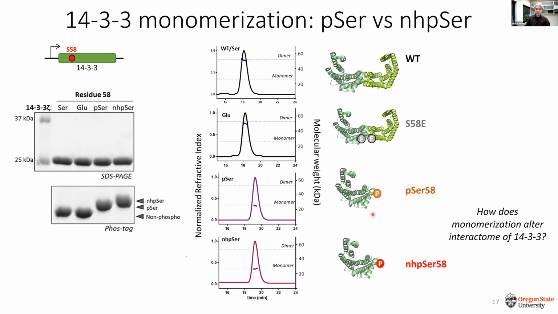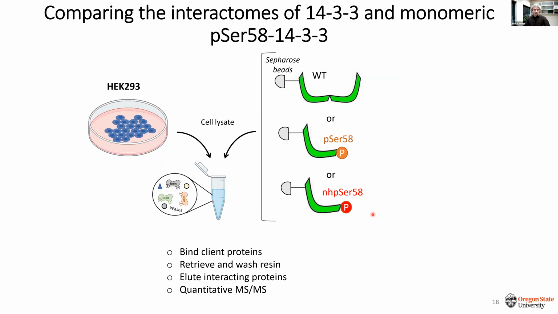And so we decided, well, how does monomerization alter the interactome of 14-3-3? And so for that, we did a classical set of pull-down assays where we took lysates from HEK293 cells, and to those lysates, we added wild type 14-3-3, or monomeric 14-3-3 that either had authentic phosphoserine or the stably phosphorylated form with non-hydrolyzable phosphoserine.